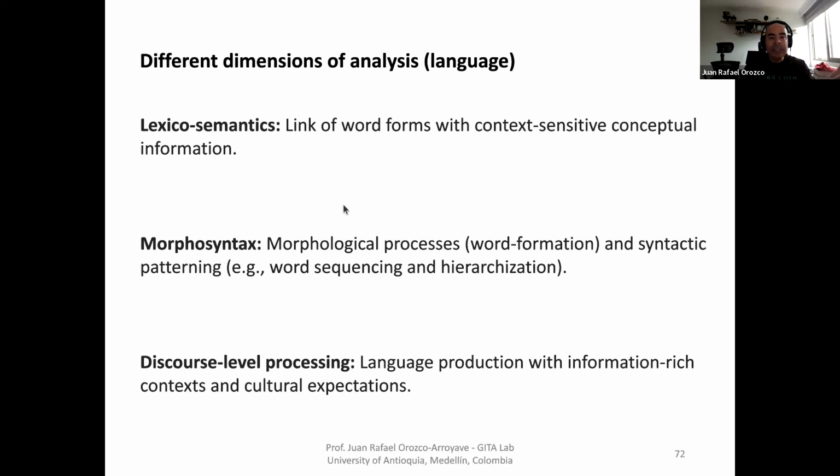Okay, so there are different dimensions that can be modeled in language. Lexicosemantics relates to the words that are formed by the person and are able to create a concept regarding the context around the task.